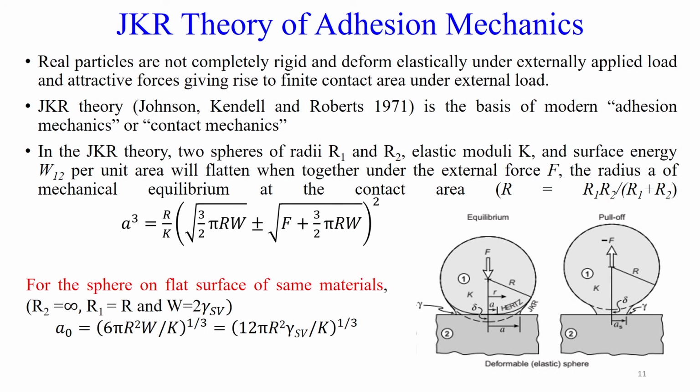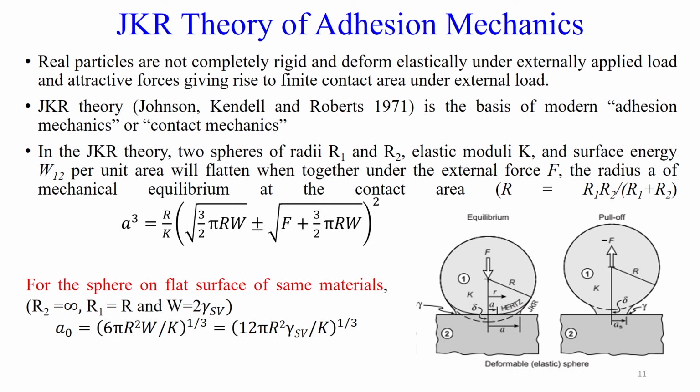To study this system, Johnson, Kendall and Roberts proposed the basis of modern adhesion mechanics or contact mechanics, and that is why this is known as the JKR theory. JKR theory means Johnson, Kendall and Roberts.